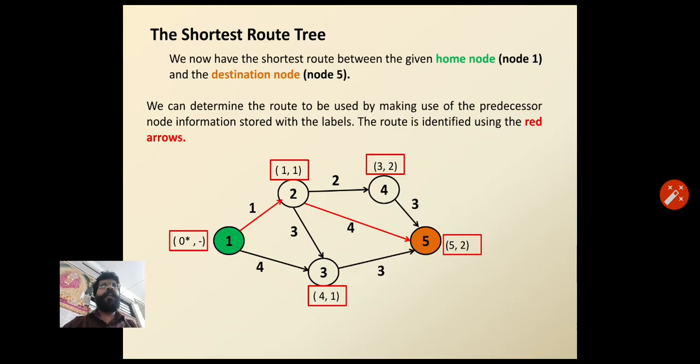We can determine the route to be used by making use of predecessor node information stored with the label. The route is identified using the red arrows. We can see here this is the shortest path from source node to destination node.